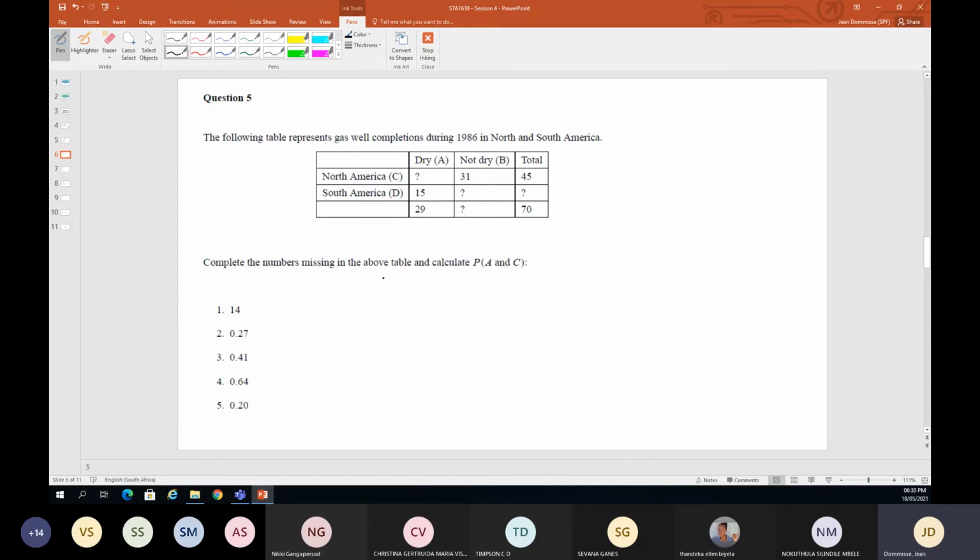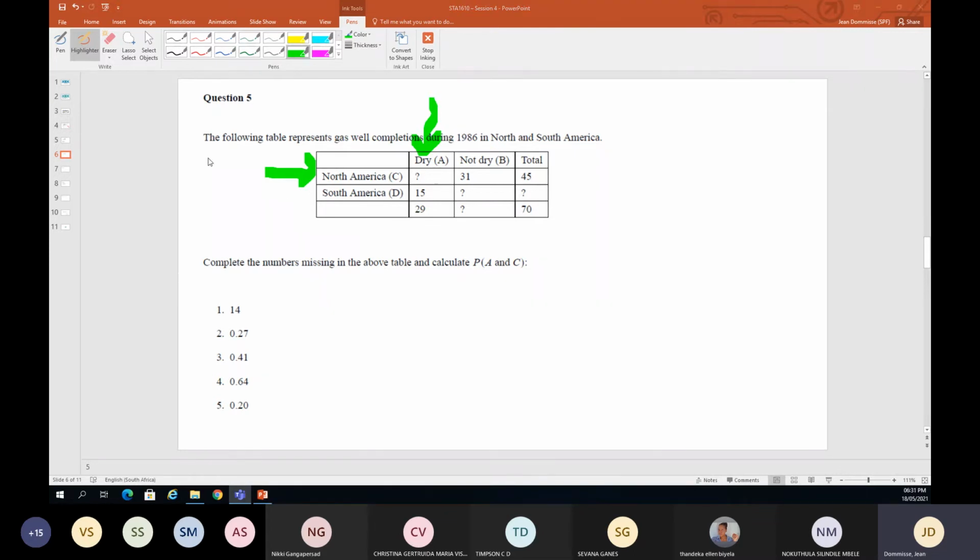Complete the numbers missing in the above table and calculate the probability of A having dry, not dry hair, I'm now at dry. What is it? So I assume gas represents gas well completion. So dry and not dry, North America and South America.